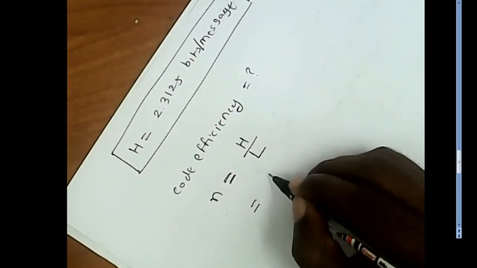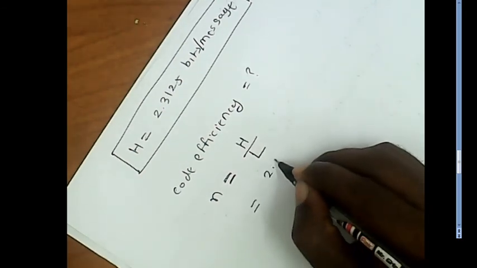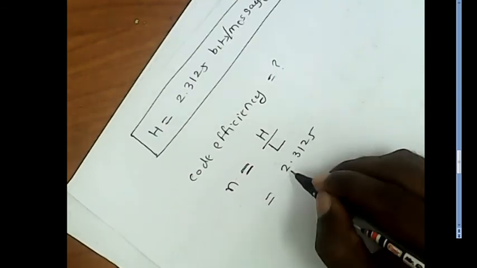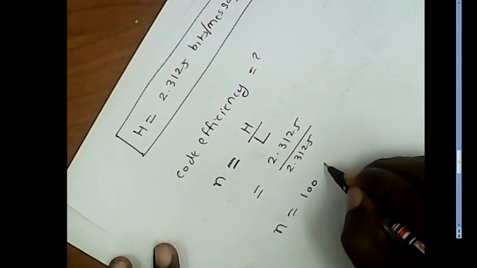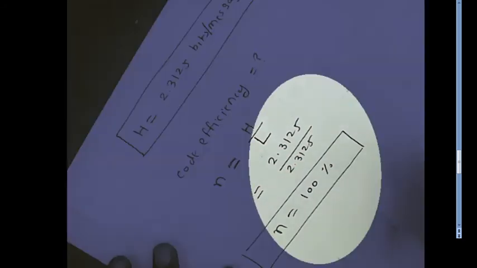So the average information is 2.3125 divided by the average code word length, which is also 2.3125. So the coding efficiency is equal to 1, or in terms of percentage, the coding efficiency of your 8 symbols is 100%.